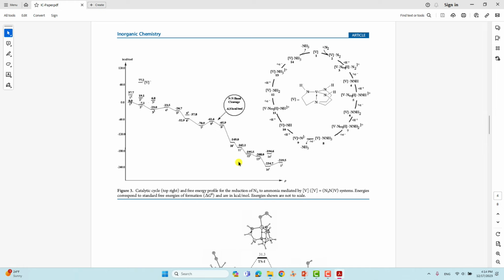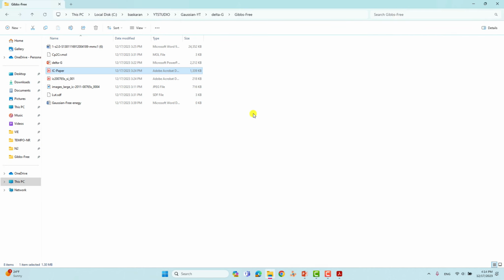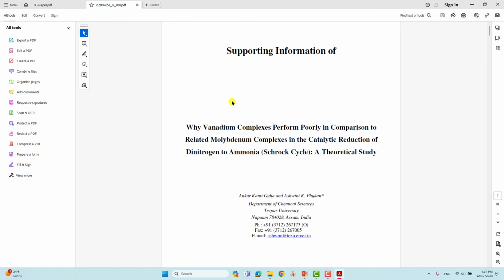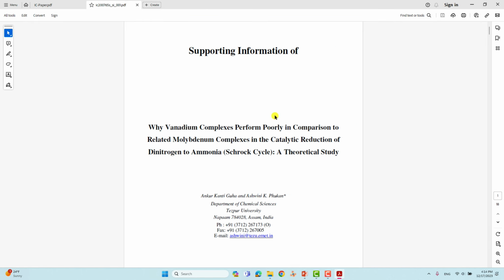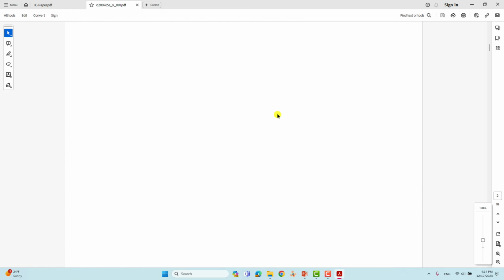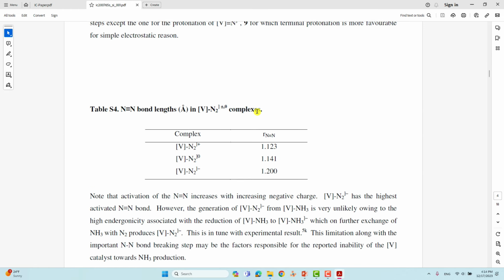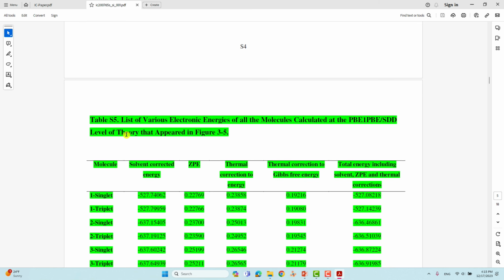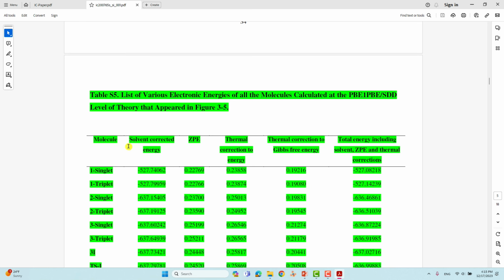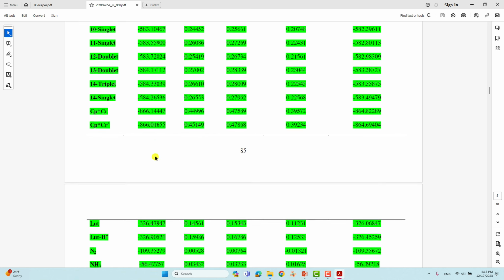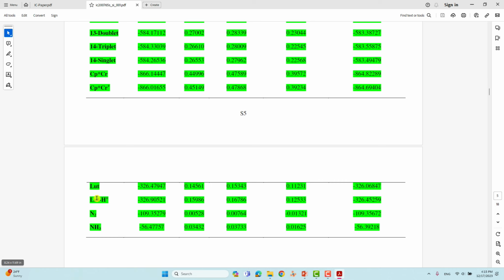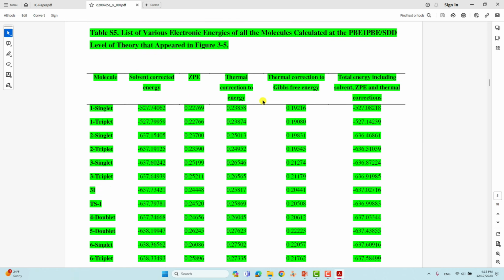Next I will show you that they also gave the energies of each system in the supporting material. I will show that one, you will understand easily. So this is the supporting material of the corresponding paper. If you go down you will find Table S5. Here they listed the energies of all the intermediates and also the small molecules and the proton source and also electron source.